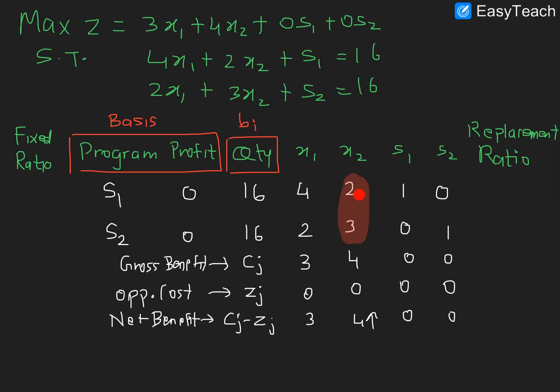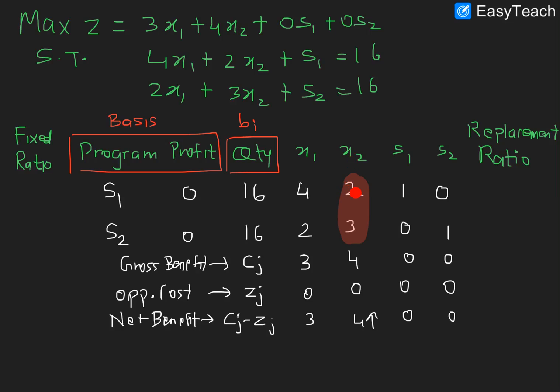So now if you look at this number 2 and 16, what were these numbers indicating? 16 was the total capacity of raw material available. 2 was the sacrifice ratio between S1 and X2. So if you want 1 unit of X2, you need to sacrifice 2 units of S1. So you need to use 2 units of raw material to produce 1 unit of X2.